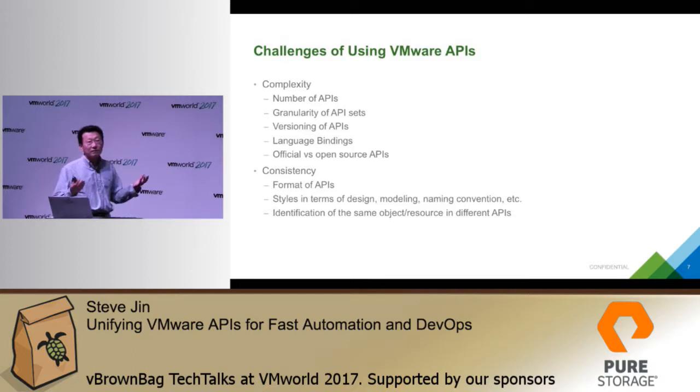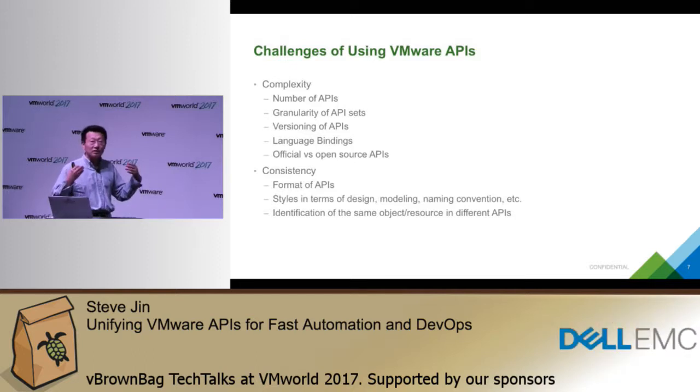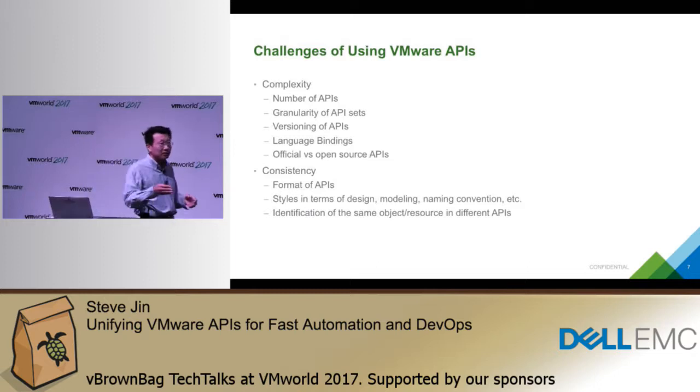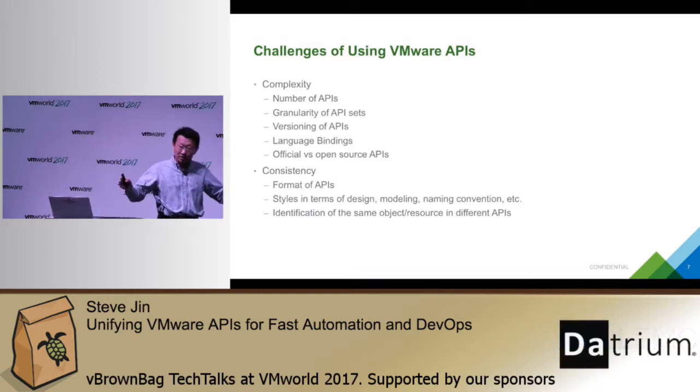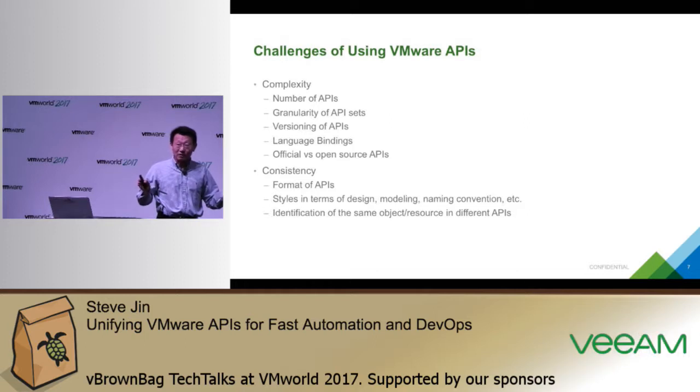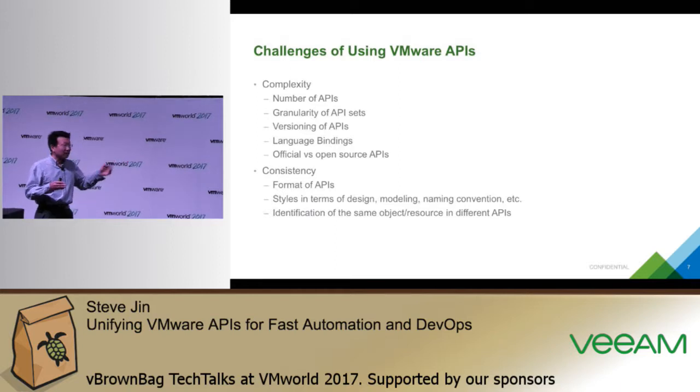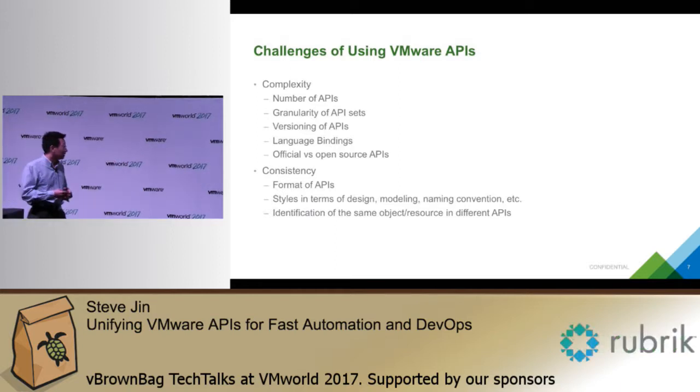The complexity comes from many different factors, right? Look at the number of APIs. Over the years, VMware has done a lot of products. If you look at the product family today, there are just so many. I doubt there's anyone who is familiar with every API or every product. So it's very hard. The number of APIs contributes to complexity, and also the granularity of the API set.